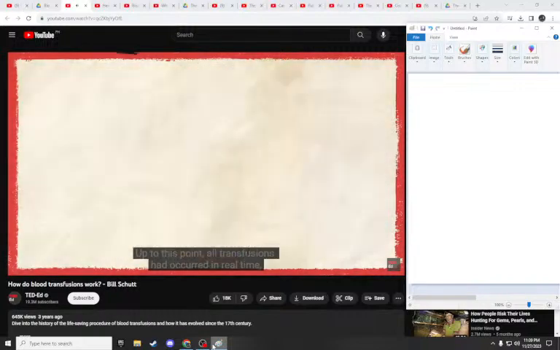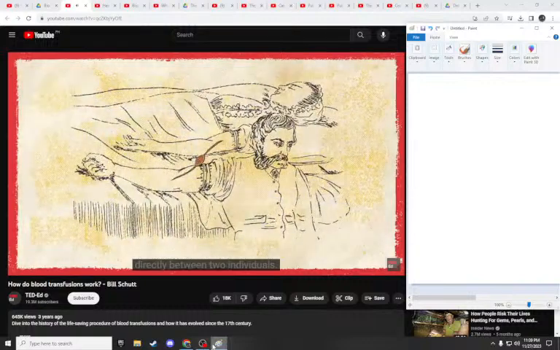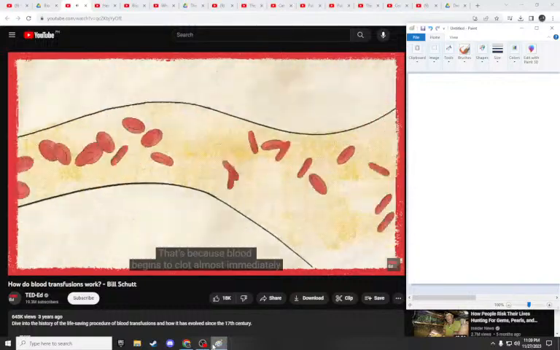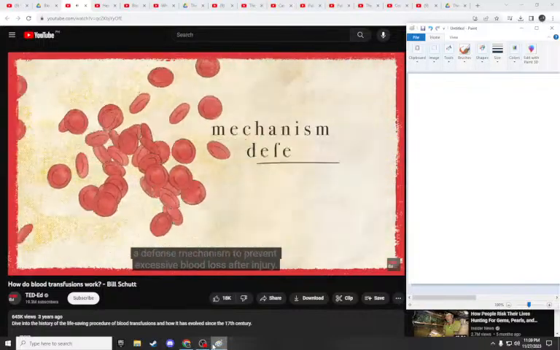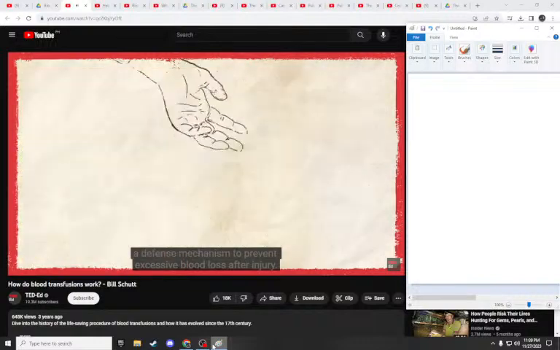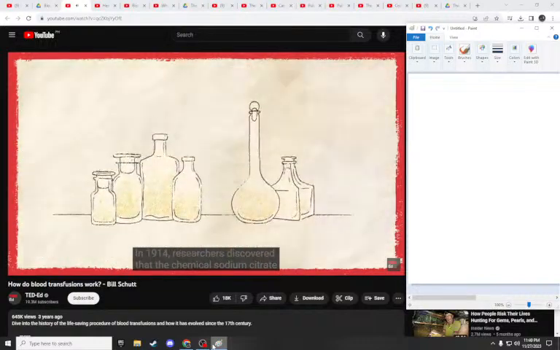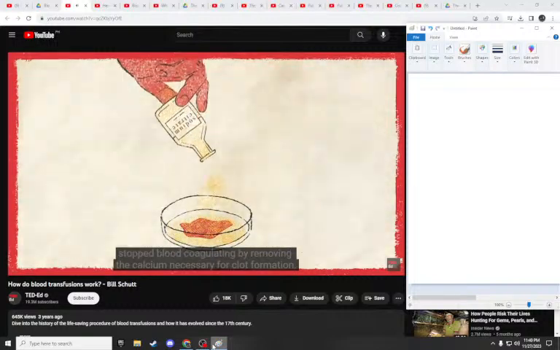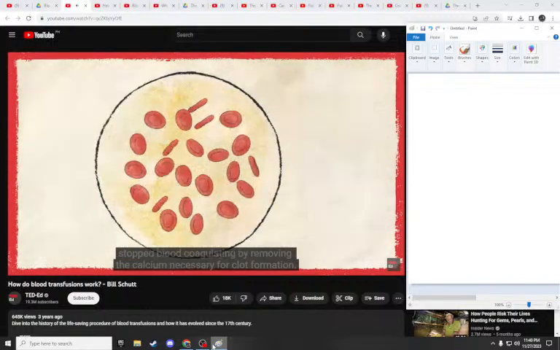Up to this point, all transfusions had occurred in real time, directly between two individuals. That's because blood begins to clot almost immediately after coming into contact with air, a defense mechanism to prevent excessive blood loss after injury. In 1914, researchers discovered that the chemical sodium citrate stopped blood coagulating by removing the calcium necessary for clot formation.